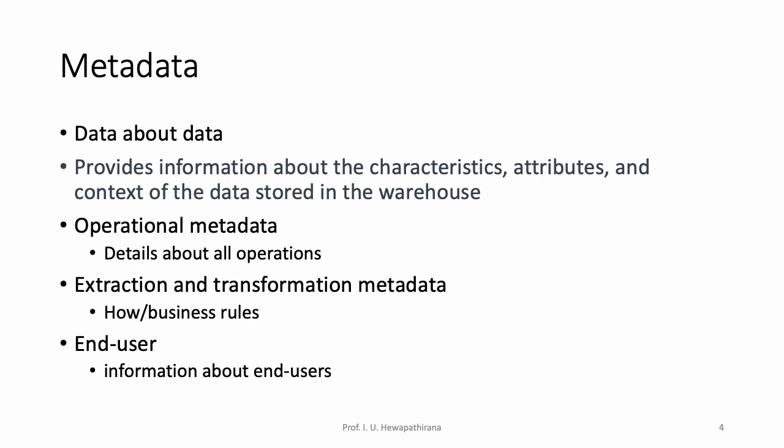That can be operational metadata that have details about all the operations, and then there is extraction and transformation metadata. These will tell us how the data is extracted, the transformations that are used on the data before they are stored, the business rules that are applied, and then it can also contain data about the end users.